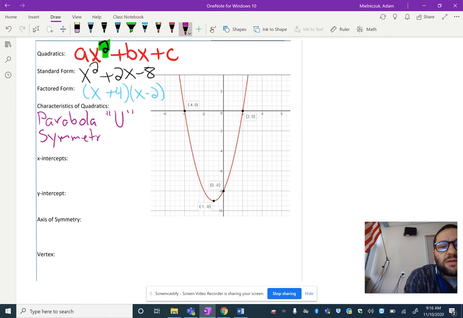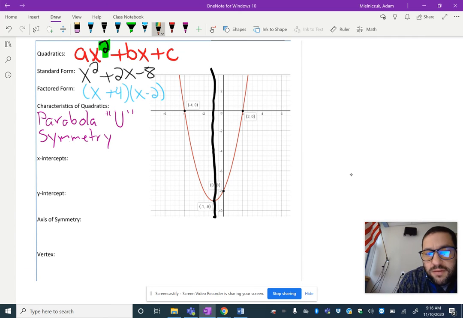What that means is I can draw an imaginary line that splits this graph directly in half, and I can pick any 2 points and they will be equidistant from that vertex. So here, let's see, it would be 1, 2, 3, 4, 5. Other side would be 1, 2, 3, 4, 5. Okay, they're equidistant. So that imaginary line that I just accidentally erased, there it is, the axis of symmetry.